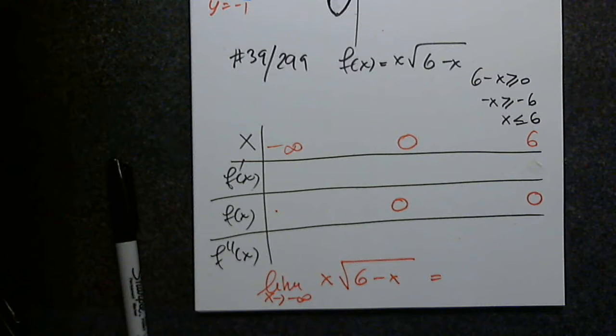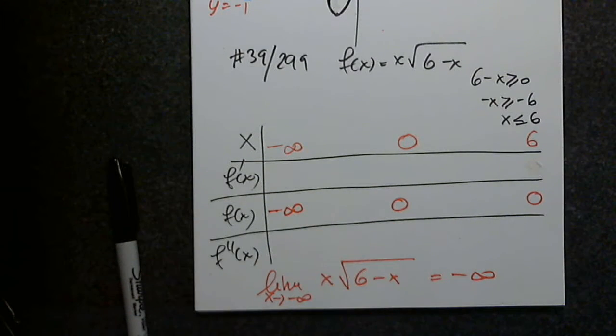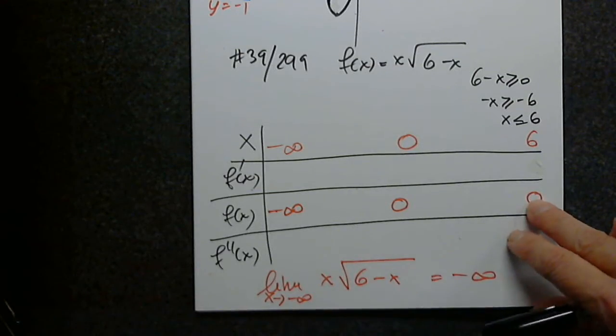Where does this go when x approaches negative infinity? And how much is negative infinity times infinity? That's it. Great job. Perfect. Okay. There's nothing else I can find about the function from the function itself. I've exhausted everything. I have the x and y intercepts, I have limits. Done. Now I'm ready to study the first derivative.